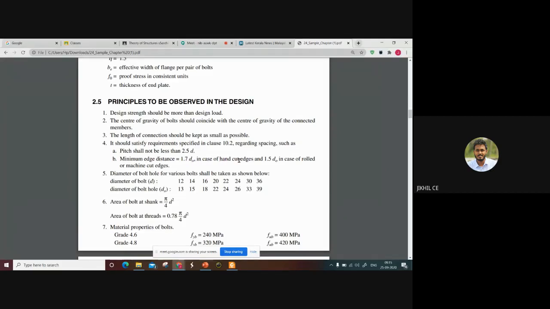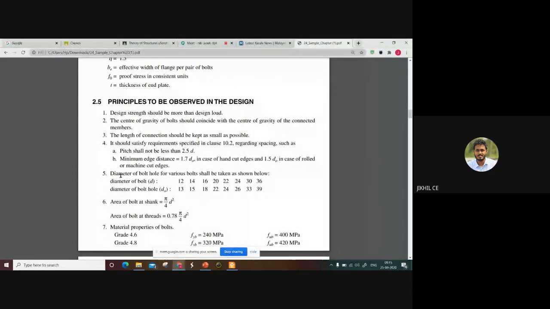In the case of hand cut edges, suppose the plate is cut by hand, then it should not be less than 1.7. And if it is machined or rolled, that means cast, it should not be less than 1.5 D0.